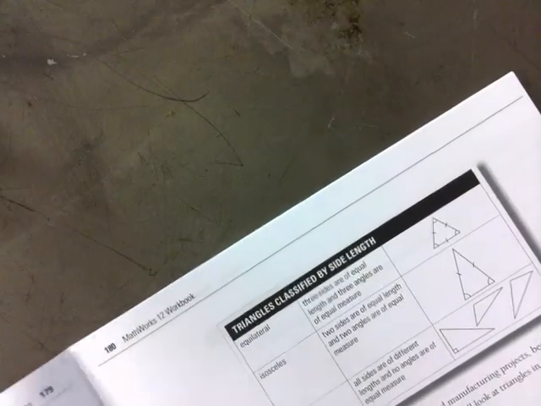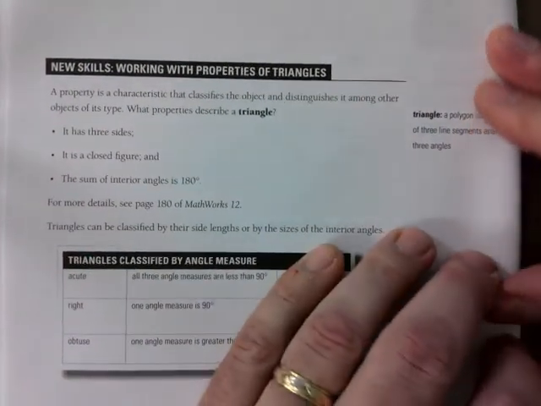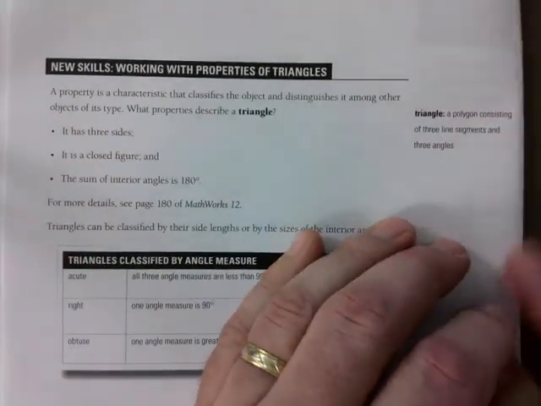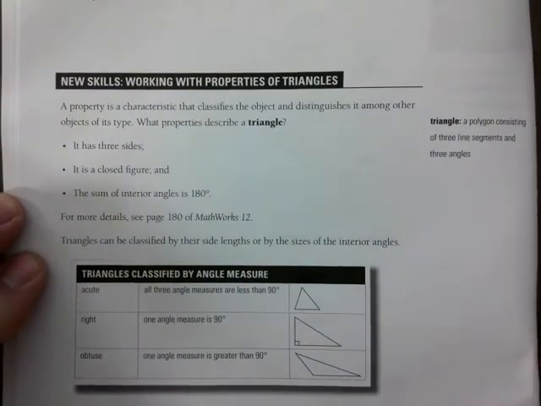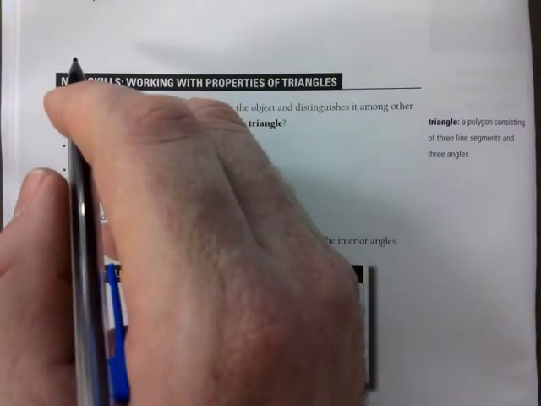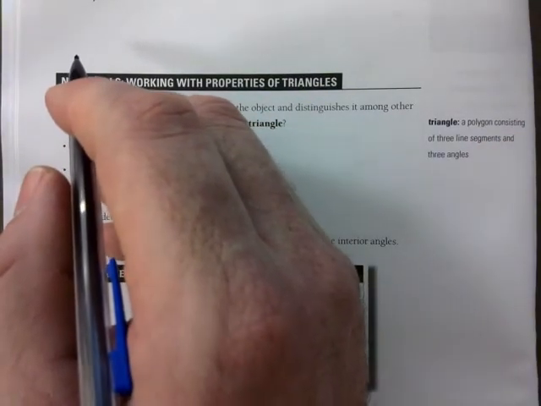Let's keep going. I'm going to skip a bunch of pages and go all the way to 179. So this is what today is technically all about. On 179, kind of in the middle where it says new skills, I want you to put a title in capital letters.